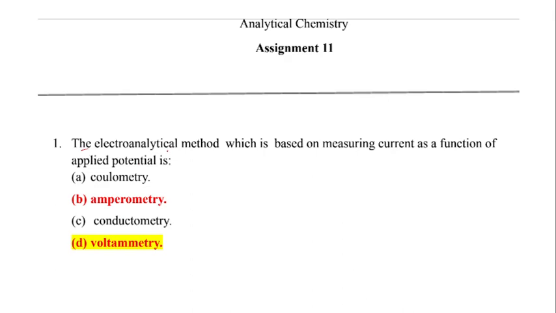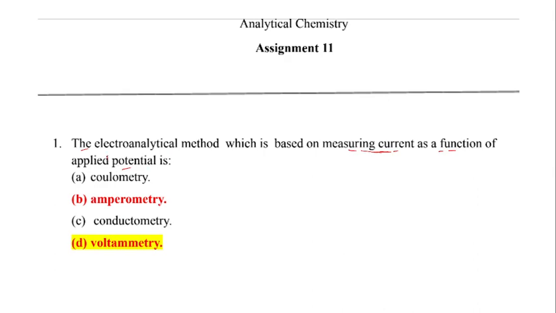The electroanalytical method which is based on measuring current as a function of applied potential. It is a very simple question because it is already explained very well in lectures. This electroanalytical method measures current, and this current is a function of applied voltage.